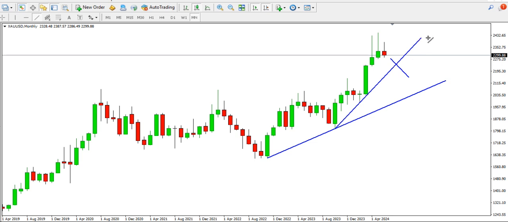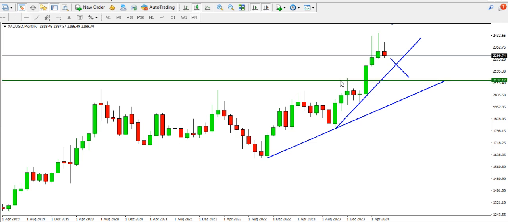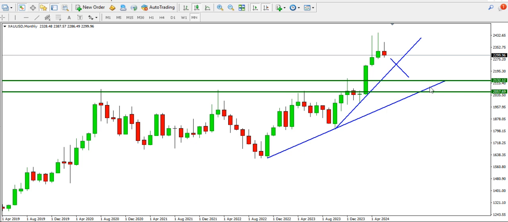So a break of this first support might make price drop to this next support. This next support might be in confluence with the resistance around here. I'm talking about this resistance. Or it might drop lower to a much stronger resistance, which is around here.